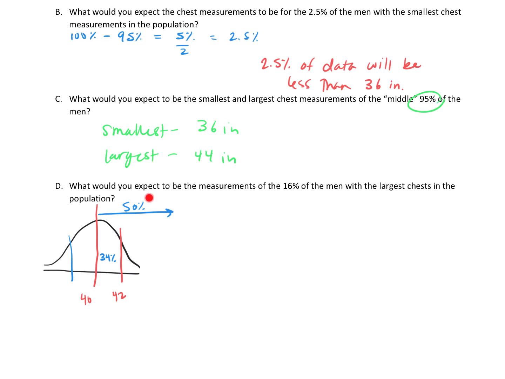Well, if we take 50, subtract 34, we get 16%. So that means that the rest of the data from here on out must be 16%. So what would you expect the measurements of the 16% of the men with the largest chest sizes in the population? We can expect them to be 42 inches or greater.